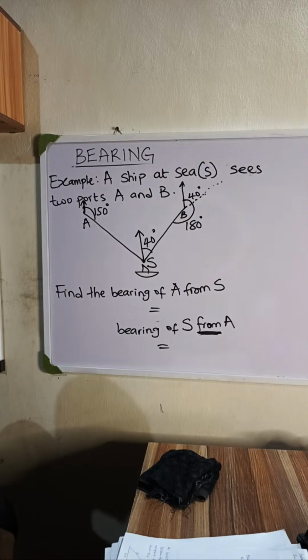Okay, we'll have 1 minute more before we look at the correction. S from A is equal to 120. A from S is equal to 030. 30 seconds more.